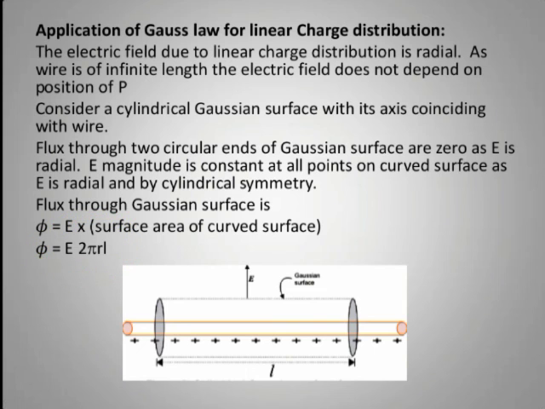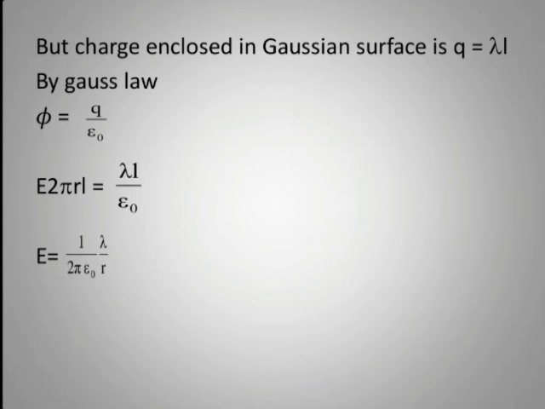It is E into 2 pi r L. So substituting the value, you would get E 2 pi r L is equal to, and what is the value of Q here? You have substituted it as lambda L divided by epsilon naught.